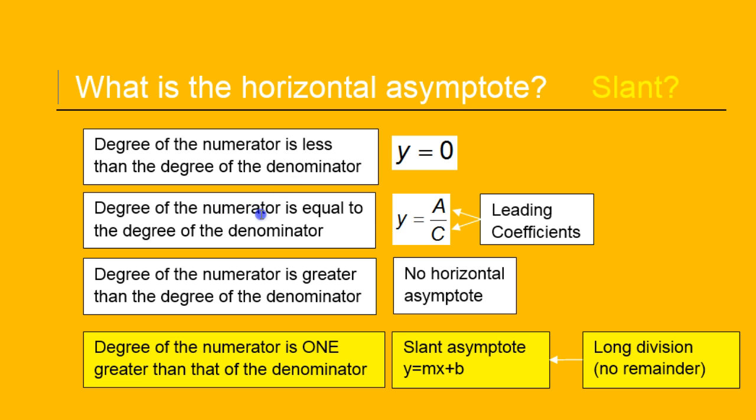If the numerator degree is equal to the denominator, then we divide leading coefficients. But if the numerator degree is greater than the denominator, then there will be no horizontal asymptote. Though there may be a slant asymptote if it's exactly 1 greater than the denominator. But we'll worry about that later.